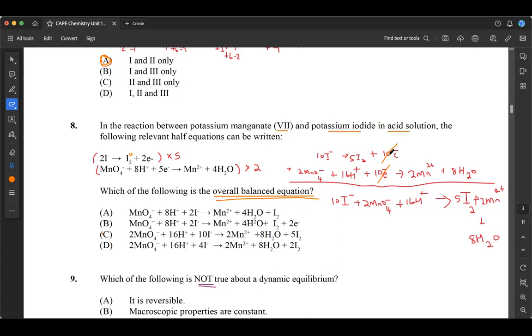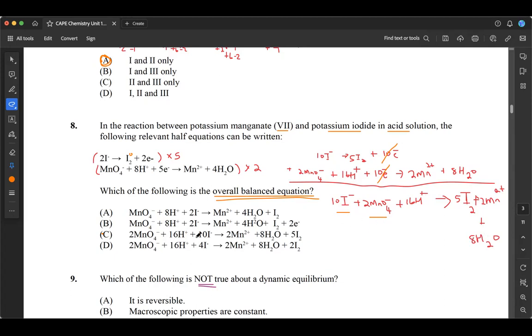When we cancel our 10 moles of electrons, our overall balanced equation ends up being 10 moles of iodide ion plus 2 moles of MnO4 minus plus 16H plus is going to give us 5 moles of iodine molecule plus 2 moles of Mn2 plus 8 moles of water.